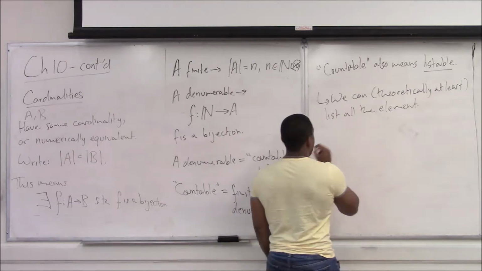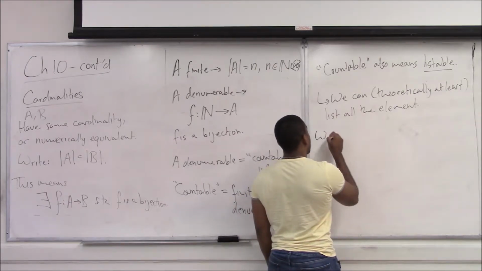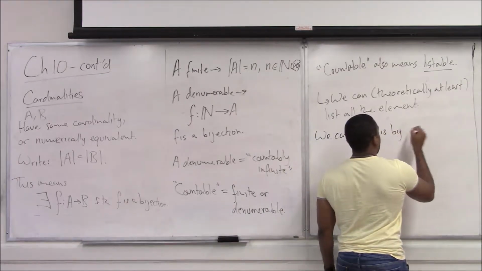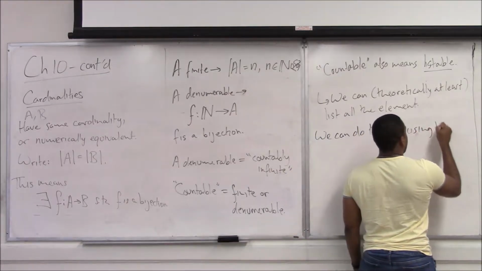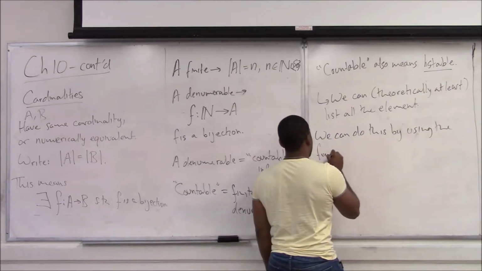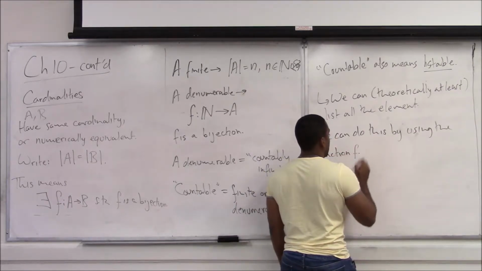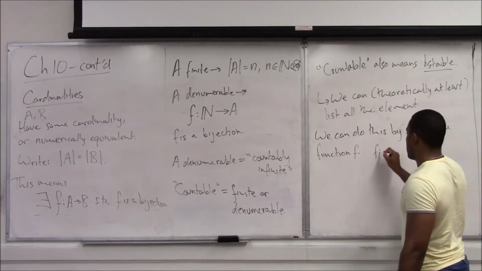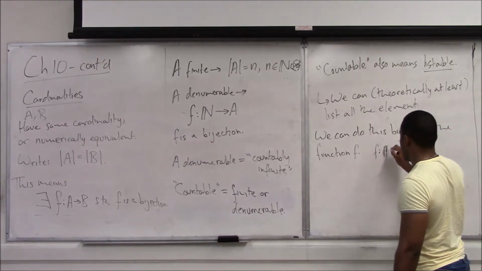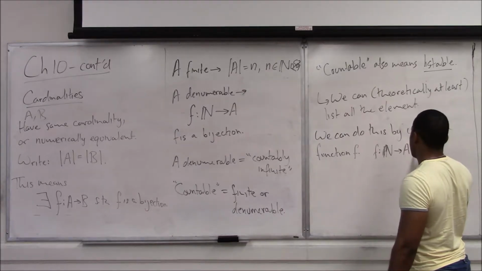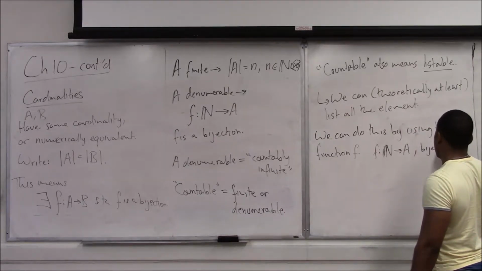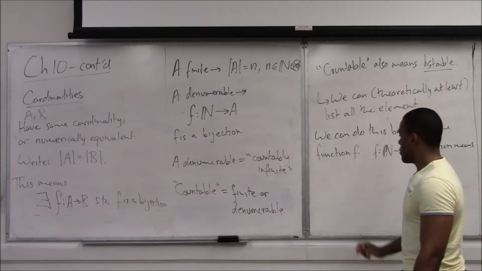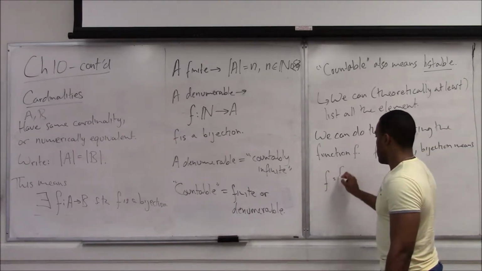So how this works is you can use the function f. Remember, f goes from N to A, a bijection. For example, f will look like this.